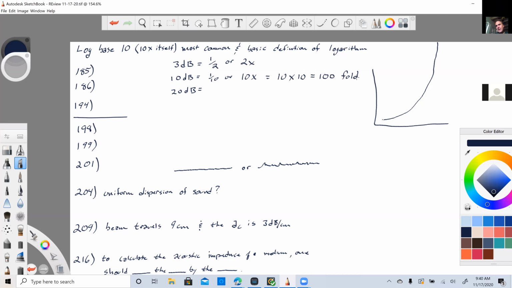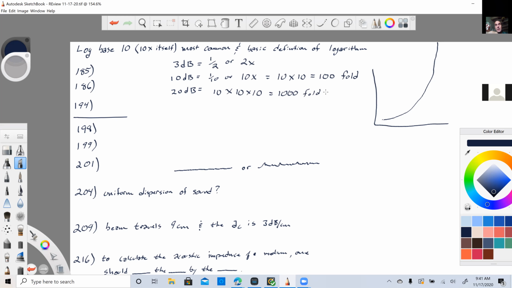Then you add another 10 to make 20, right? 10 plus 10 is 20. That's easy enough. This would be 10 times 10 times 10. So 10, 100, 100 times 10 is 1,000-fold.